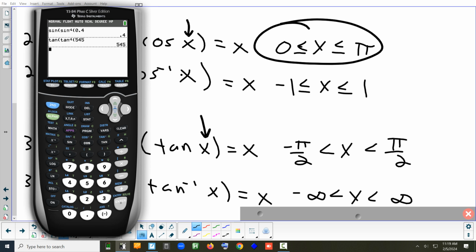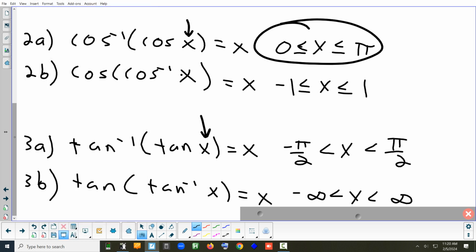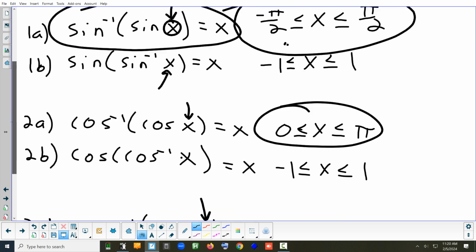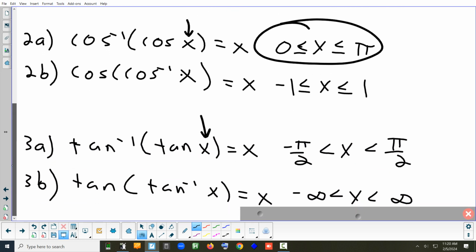It's all real numbers. I just made up 545. Any questions on when inverse trig and regular trig cancel each other out based on those domains?